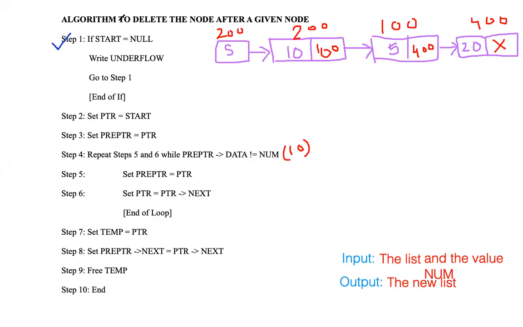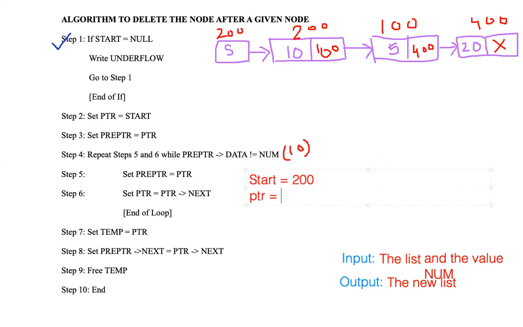So the first is checking for the null condition. Then, like the insertion algorithm, I make use of 2 pointers. One is PTR equals to start and another is PPTR equals to PTR. So what is there in start? My start is equal to 200.